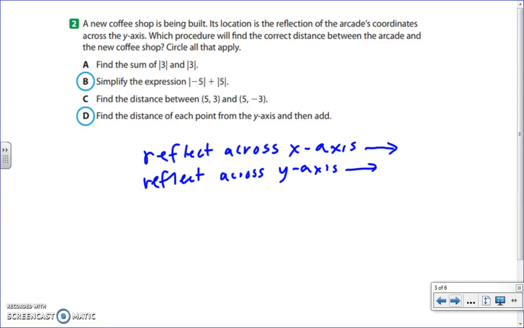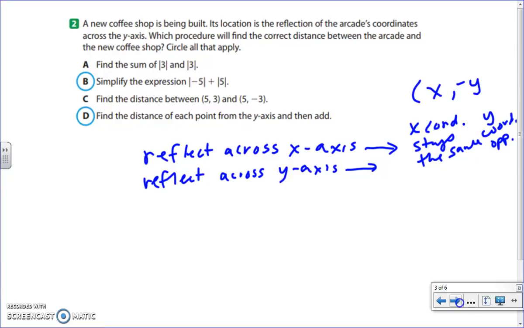Any point reflected across the x-axis, x-coordinate stays the same. Y-coordinate opposite. So we would have x, comma, the opposite of y. When we're reflecting across the y-axis, the very opposite happens.